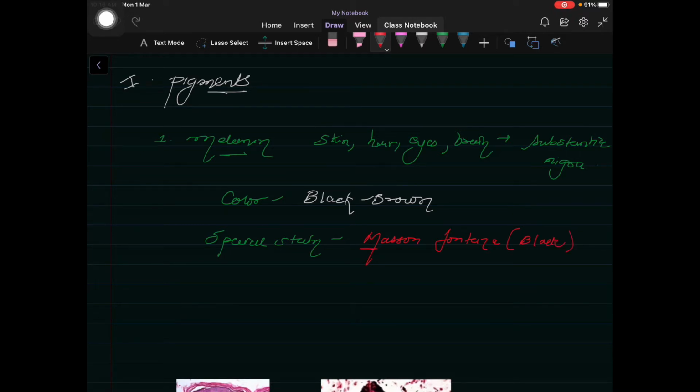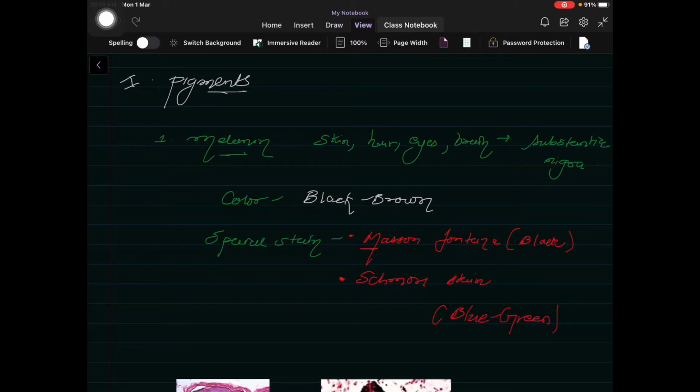It is easy to remember because M for melanin and M for Masson Fontana. And the second stain is the Schmorl stain, which gives a blue-green color to the melanin.